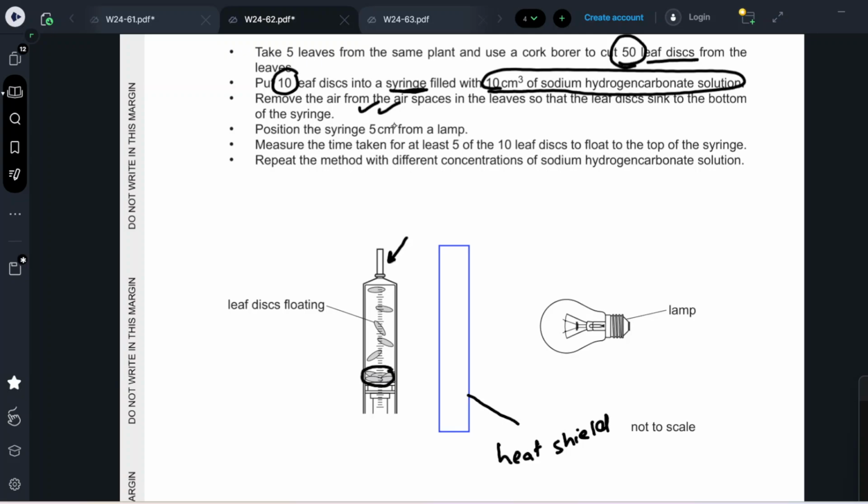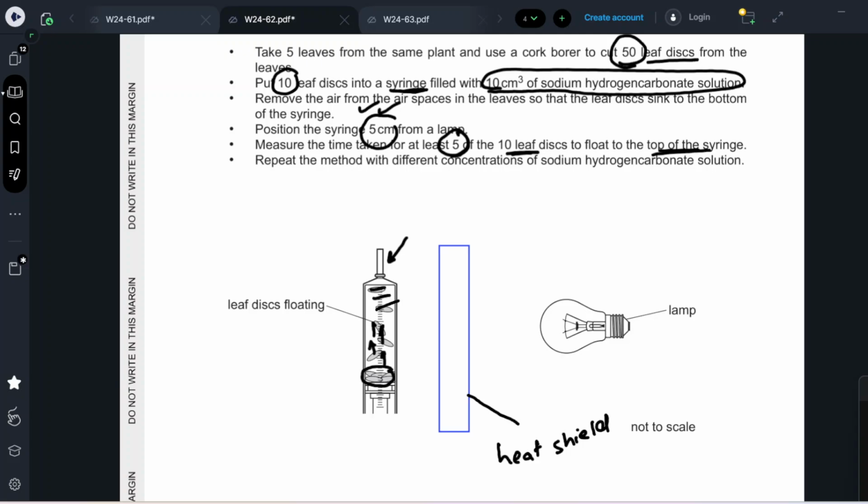Position the syringe 5 centimeters from the lamp. When they photosynthesize, they will produce oxygen and they will start to float. Measure the time taken for at least 5 of the 10 discs to float to the top of the syringe.